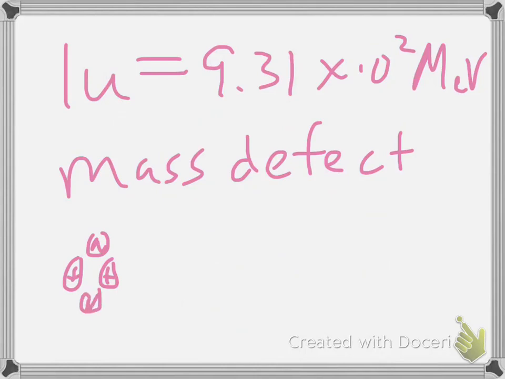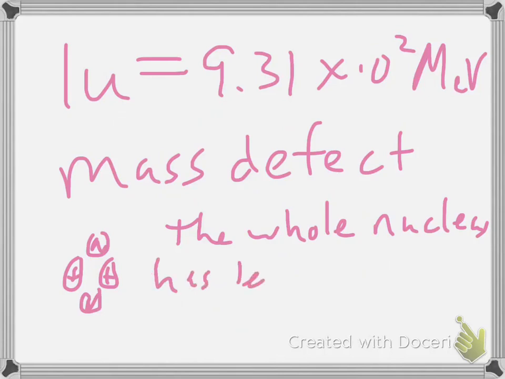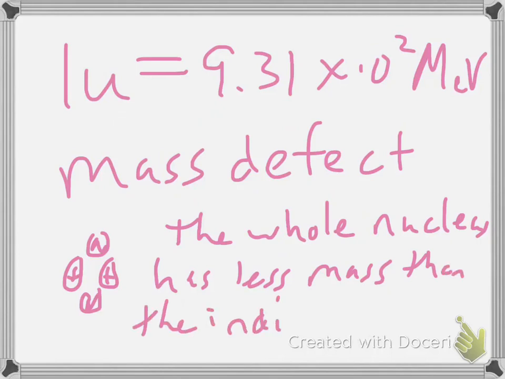On their own, they have specific masses, but together, the whole nucleus weighs less, I should say has less mass, than the individuals if we added up the individual particles. Okay? The idea being that some of the mass of those particles goes into the energy that binds them together. So we call that the binding energy, or the mass defect.